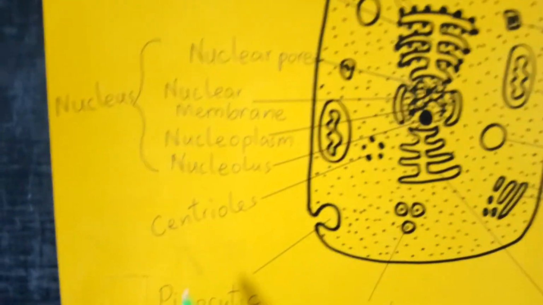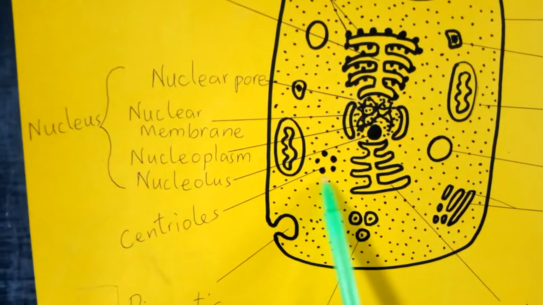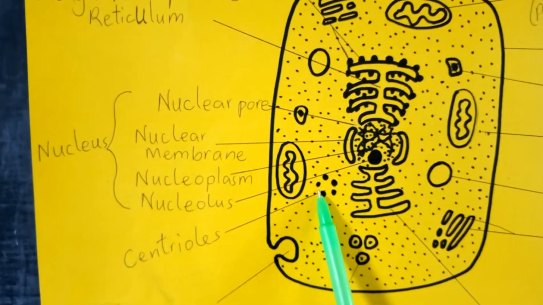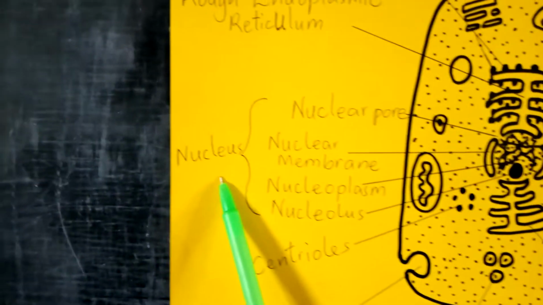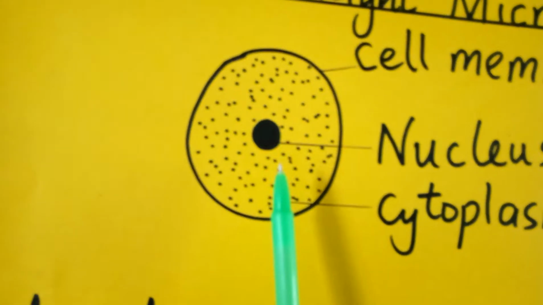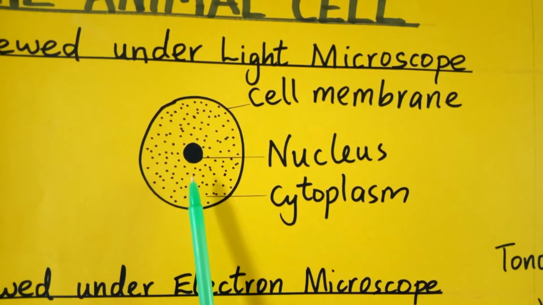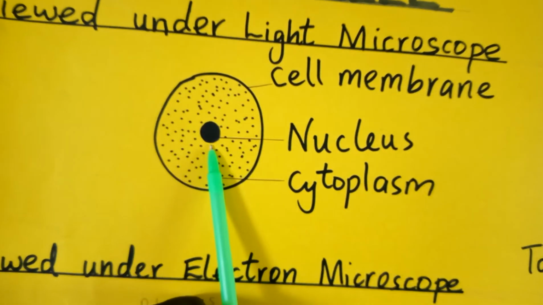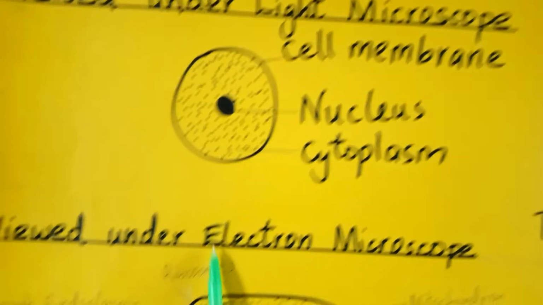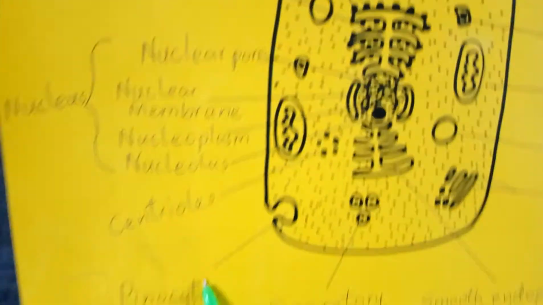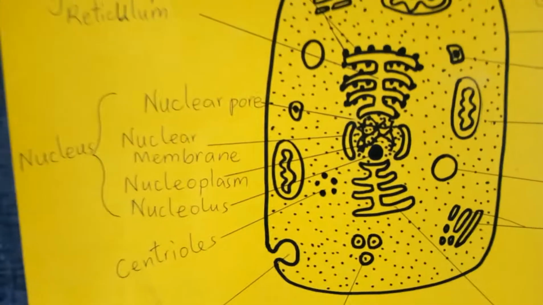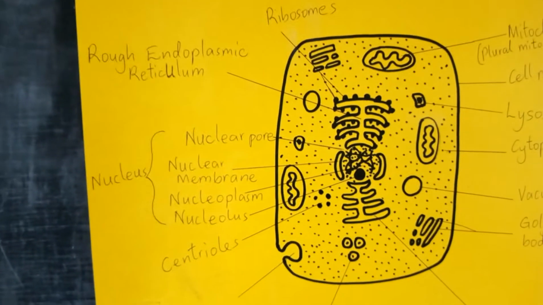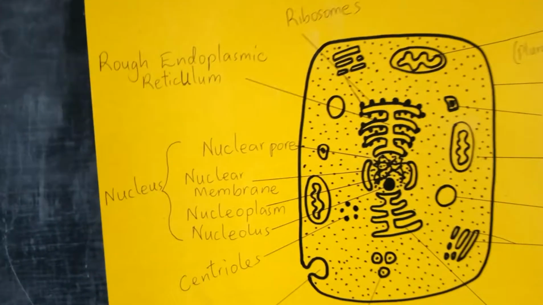Let's go on. We have the centrioles. The centrioles are here. And we have the nucleus, which we saw previously. We saw the nucleus when we were looking at this cell under the light microscope as a dark substance. But here, when we look at it under an electron microscope, the nucleus can be seen to be having several parts.